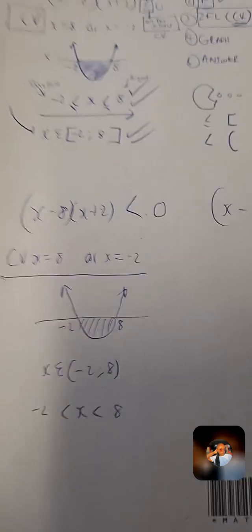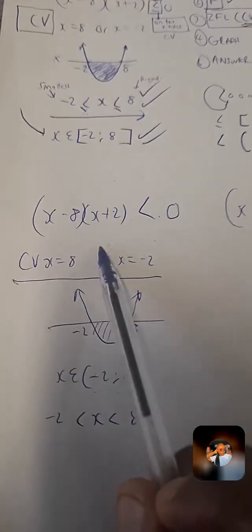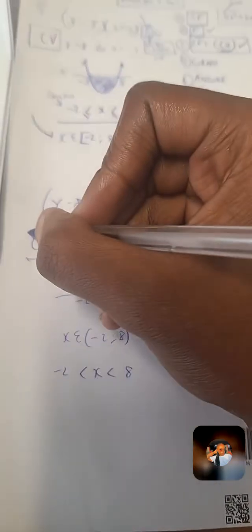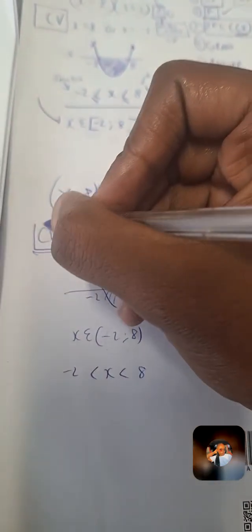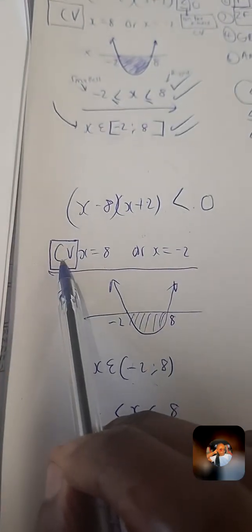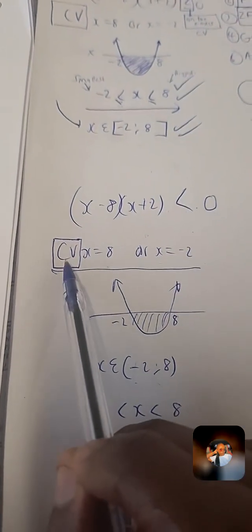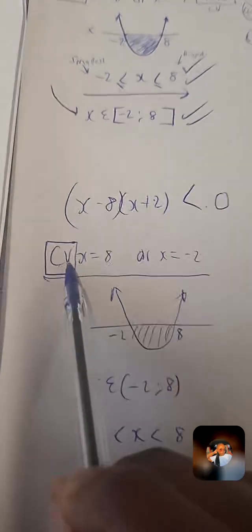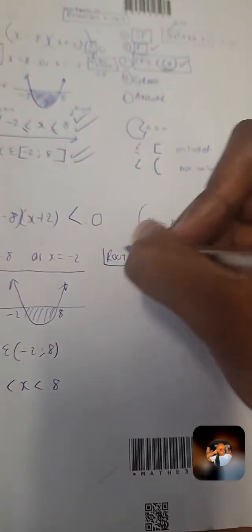Millicent, unfortunately I think you do have a bit of a misconception. The reason why I write critical values at this stage is because a critical value is a root of an equation.